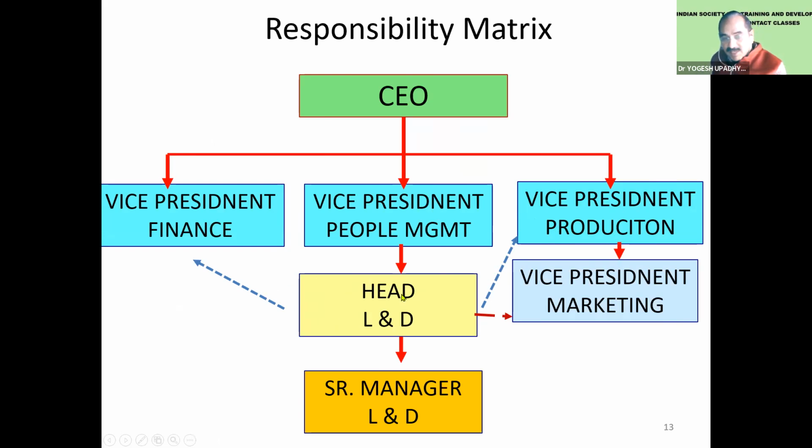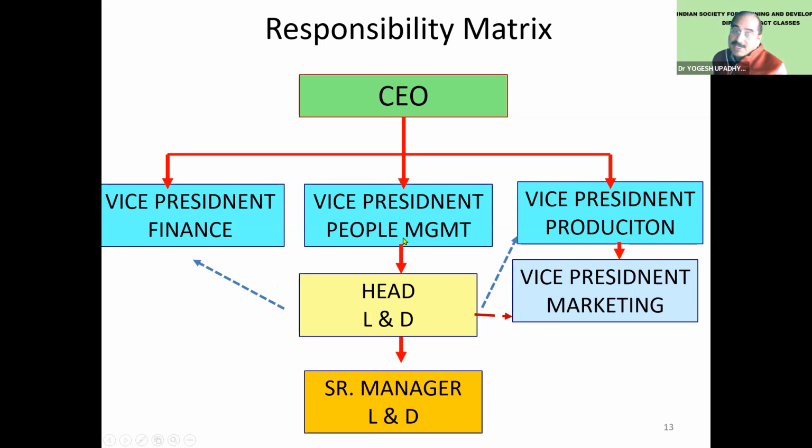So the budget will be made by the L&D head, then put up to the Vice President People Management. From there it will go to the Vice President Finance. Finally, the CEO will approve. The CEO will not make the training plan; he will only assemble it into the main budget of the organization.